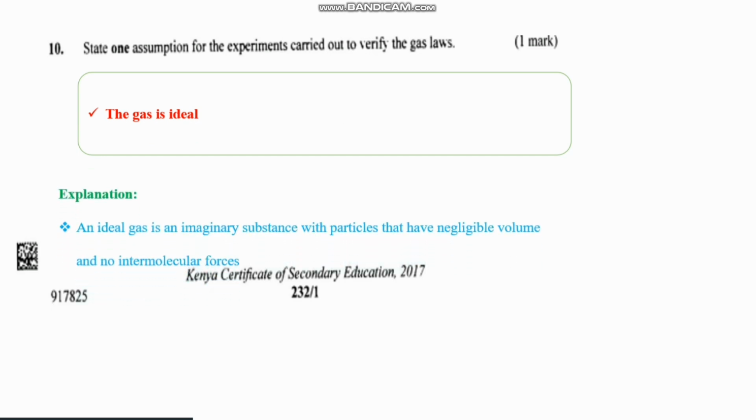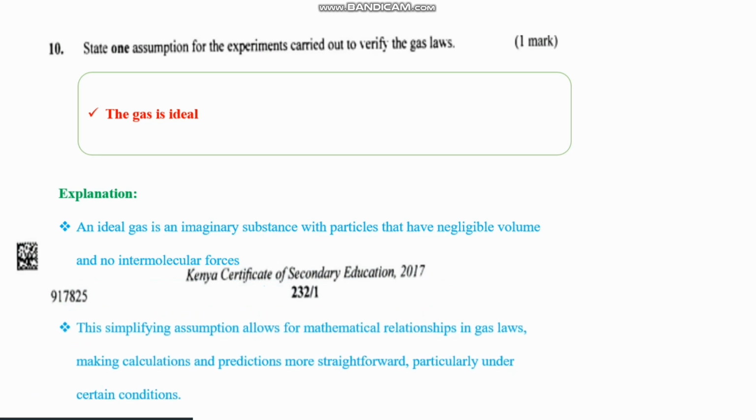I want to give a simple explanation. An ideal gas is an imaginary substance with particles that have negligible volume and no intermolecular forces. So in these experiments, the researchers assume that the gases have negligible volume and no intermolecular forces.